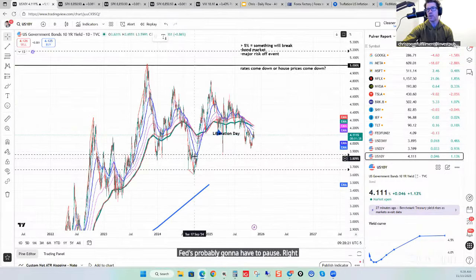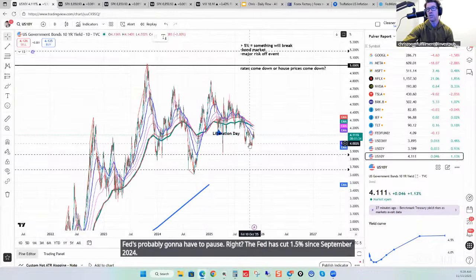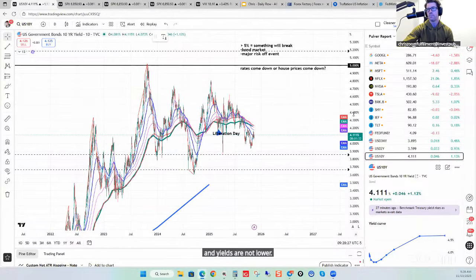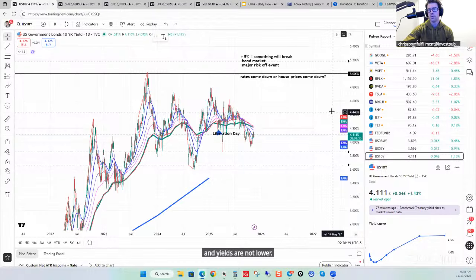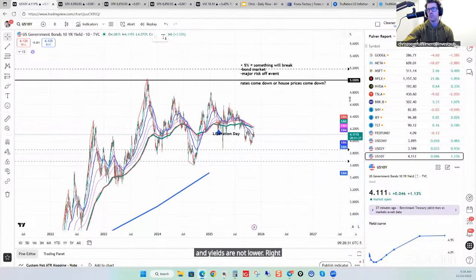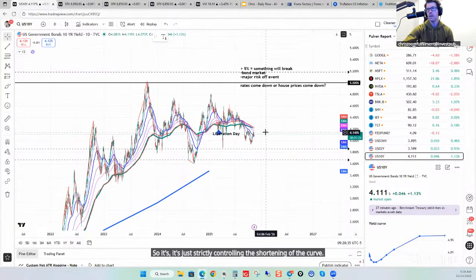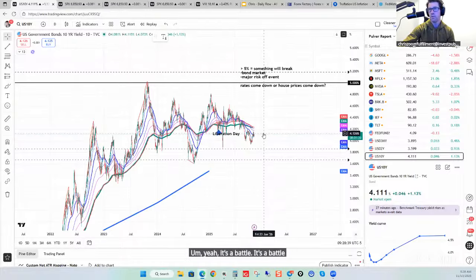The Fed has cut 1.5% since September 2024, and yields are not lower, right? So it's strictly controlling the short end of the curve. Yeah, it's a battle between markets making policy decisions versus academics.